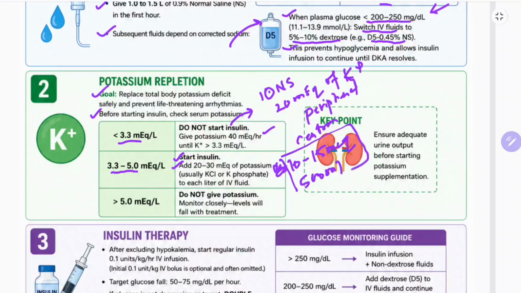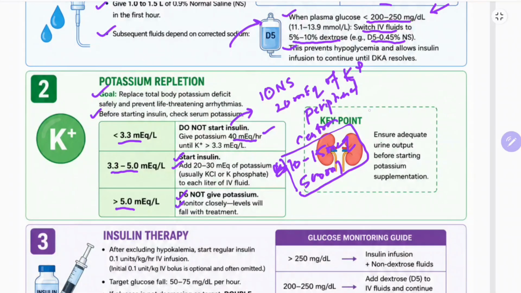And if it is less than 3.3, then we should give 40 milliequivalents every hour, centrally. Now if the potassium level is more than 5 milliequivalents per liter, then don't give potassium, monitor closely, levels will fall with treatment itself.